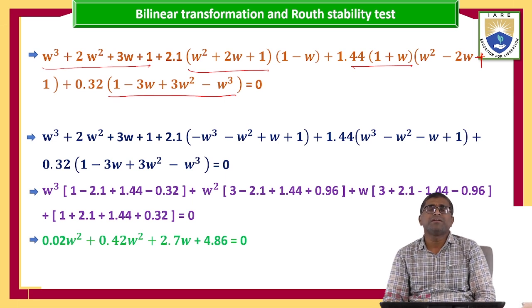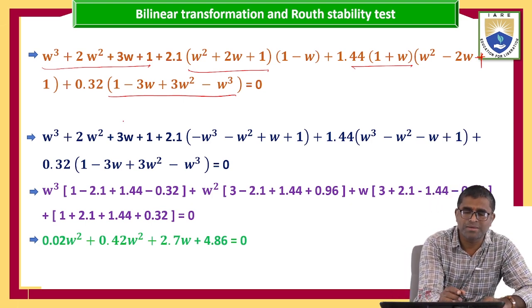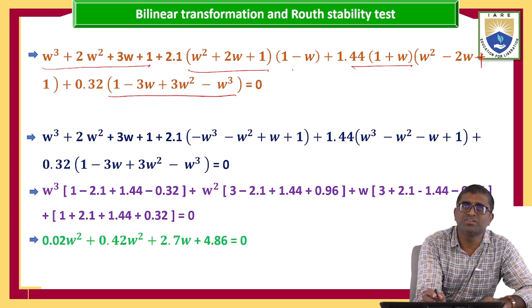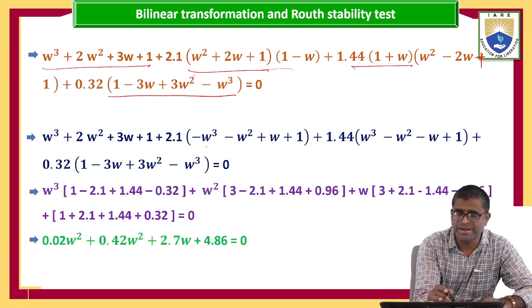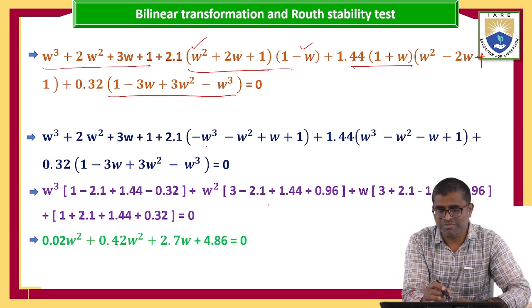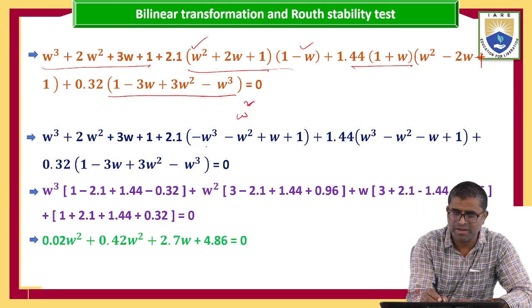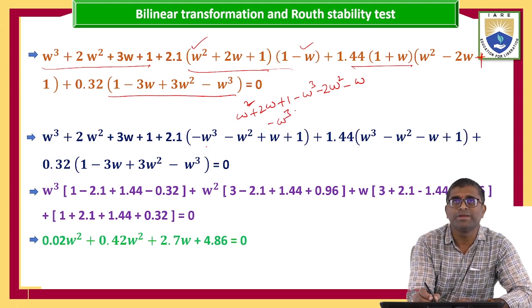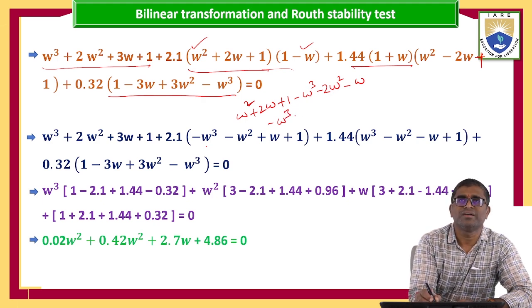Now simplify the equation in order of powers. We have omega cube plus 3 omega square plus 3 omega plus 1, plus 2.1 multiplied into the bracket, giving minus omega cube, minus omega square, plus omega, plus 1, and so on. Simplifying the terms, we collect the omega cube terms, the omega square terms, the omega terms and the constants.